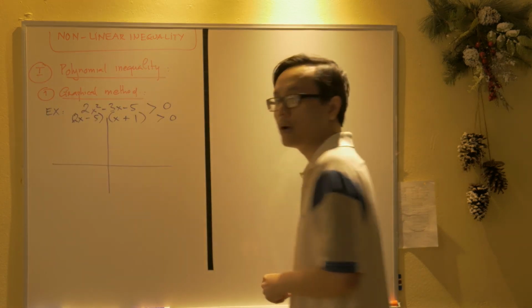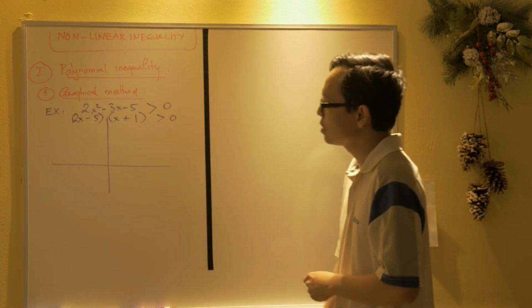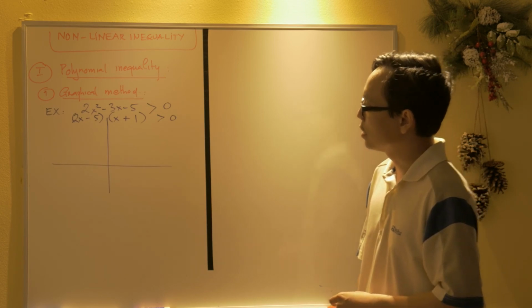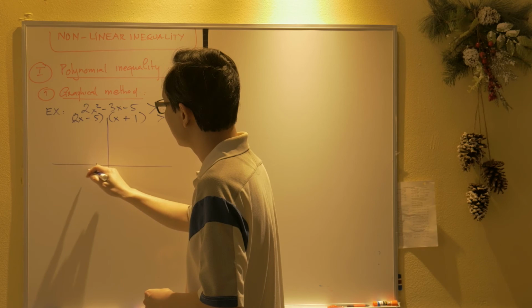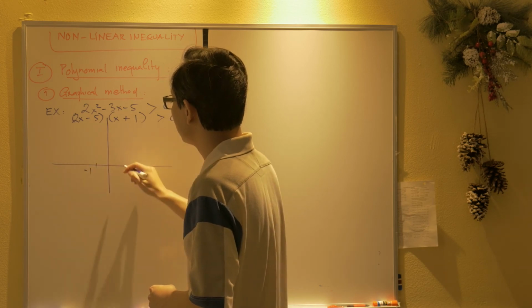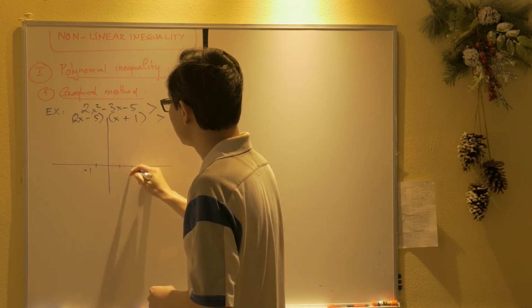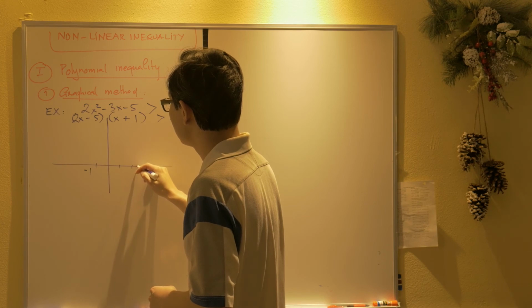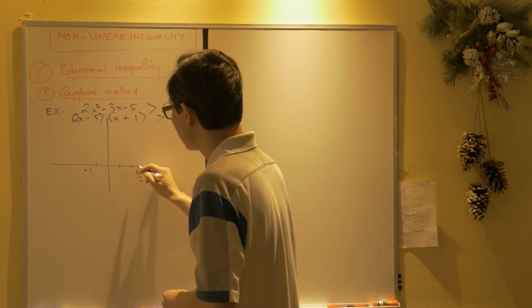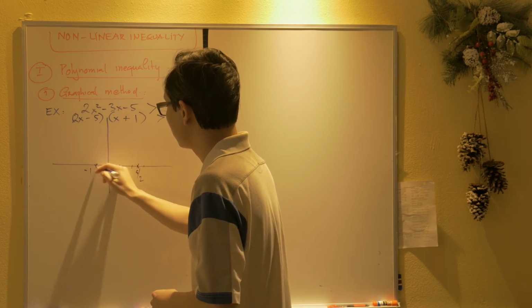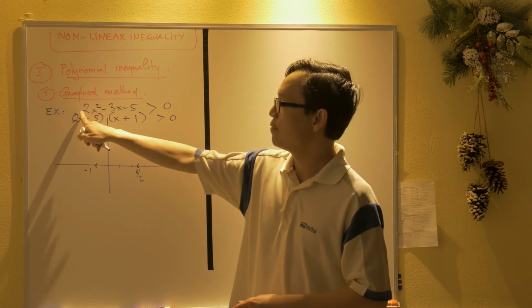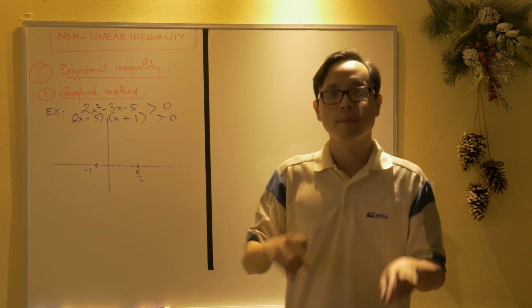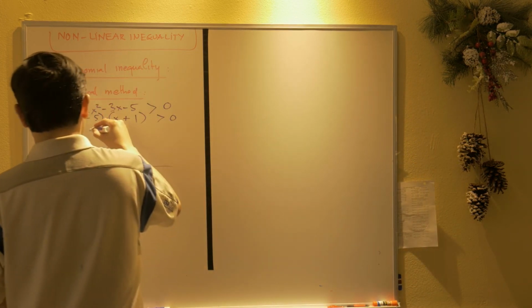Then you find two x-intercept points on the x-axis, which are -1 and 5/2. 5/2 is 2.5. So we have two x-intercept points. And we know that the a value is positive, so we know this opens up. So we know our graph is something like this.